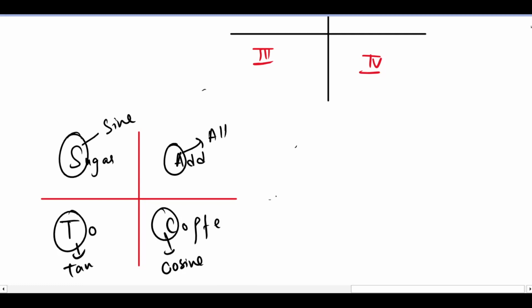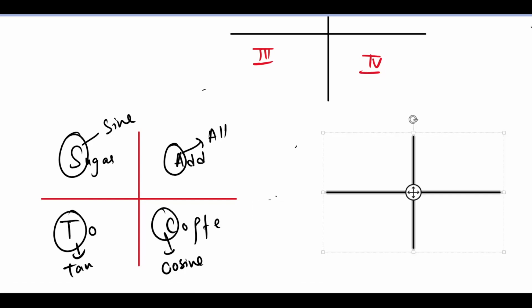So in the first quadrant all trigonometric functions are positive.